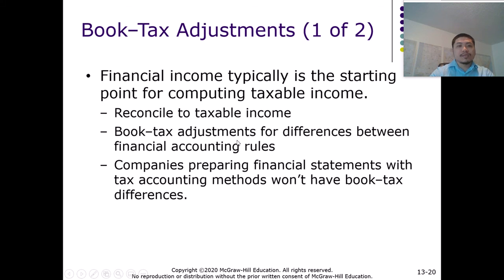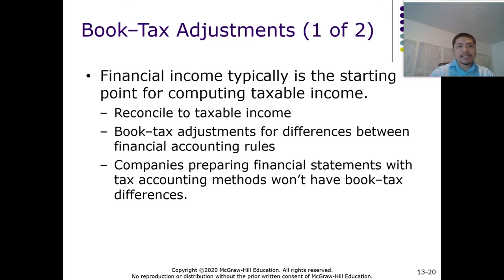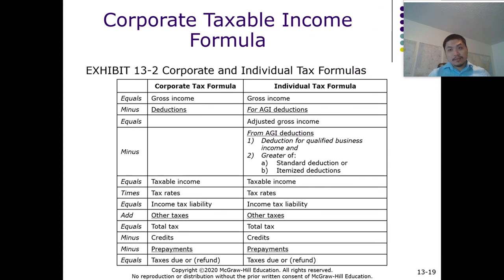So what is this? This is what we call book tax differences, or book tax adjustments. As we have already mentioned a little before, financial accounting and tax accounting are different. So when we calculate corporate tax, we have to start with the gross income, which is the income reported for financial purposes.